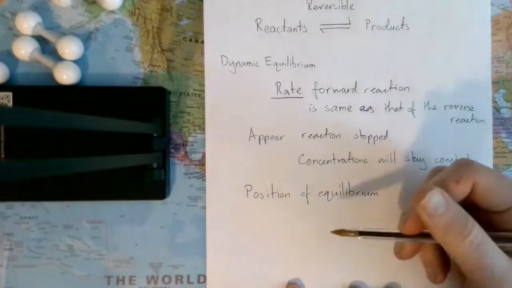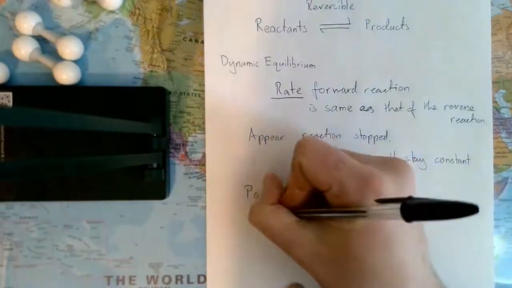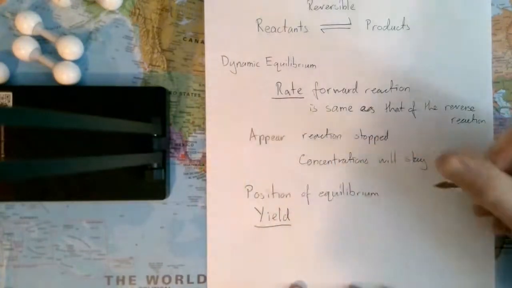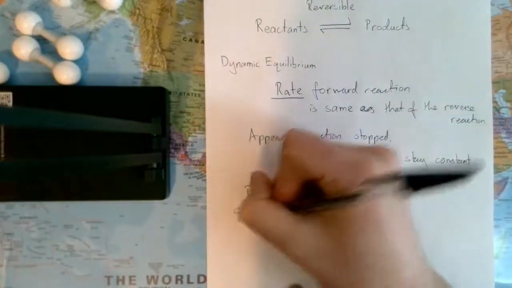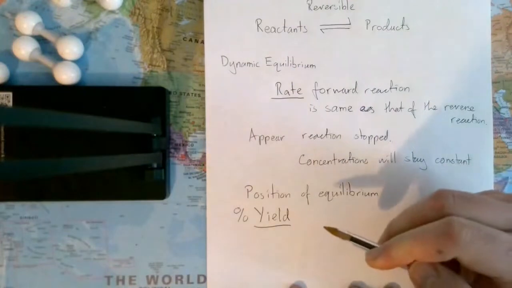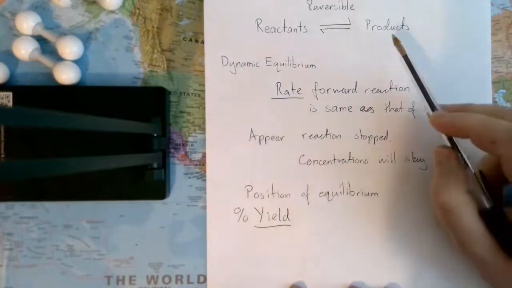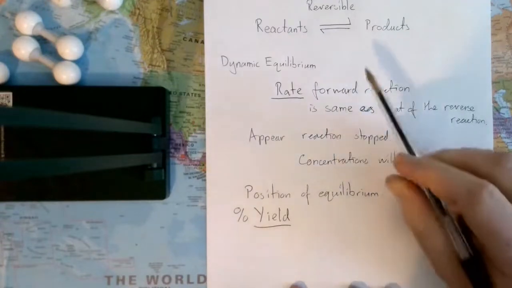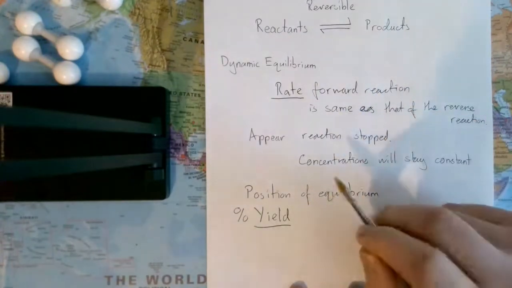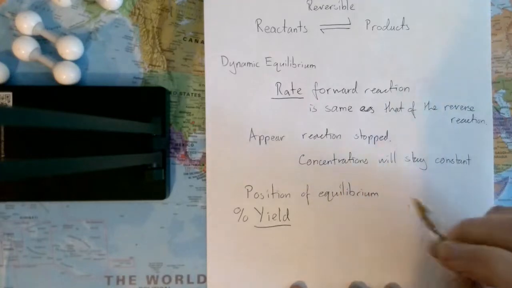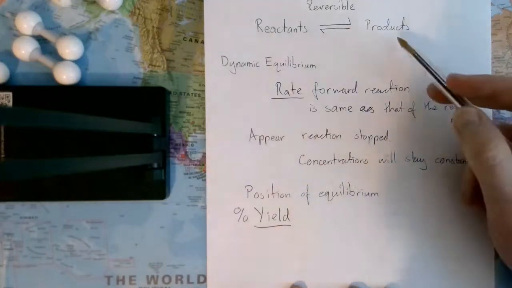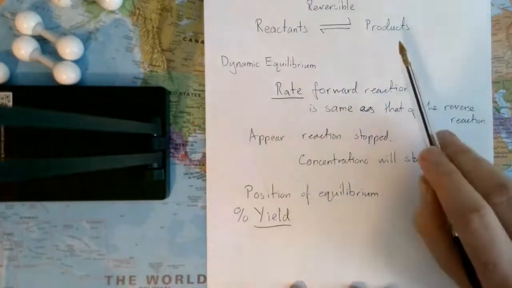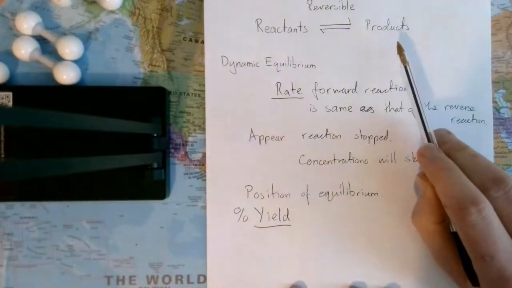The next thing that you need to know is that if the question asks you about yield or percentage yield, then it's equilibrium that's going to be controlling this. So if we're trying to make a product, we want to make as much of it as possible. So we want a high percentage yield. So the higher the percentage yield, that means there's a higher amount of products, and that means the equilibrium, or rather the position of equilibrium, is further to the right.